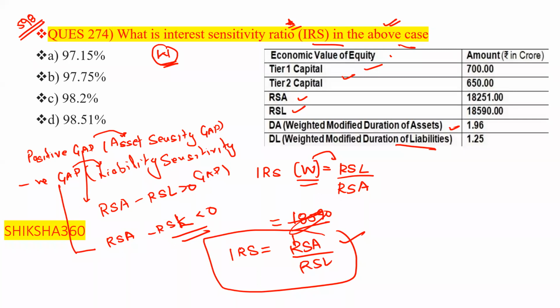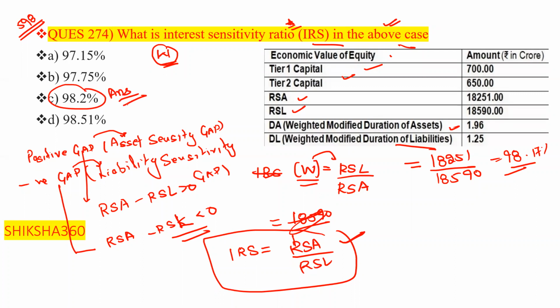RSA is 18251 and RSL is 18590. So RSA upon RSL is 18251 divided by 18590. It comes out to approximately 98.17%. So this one is our answer.